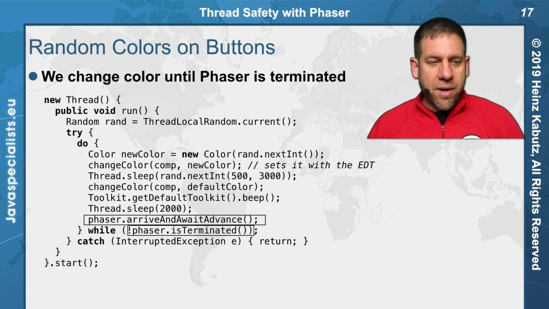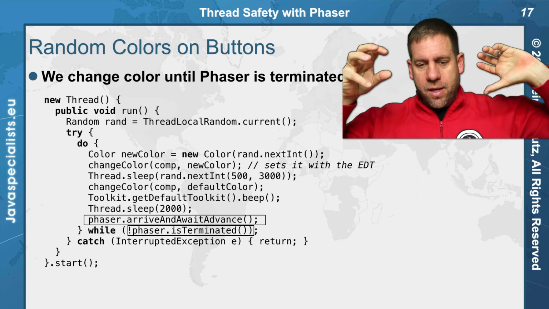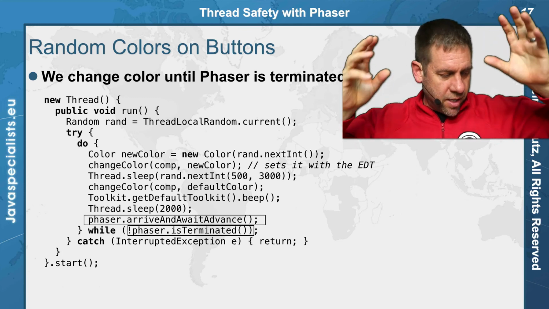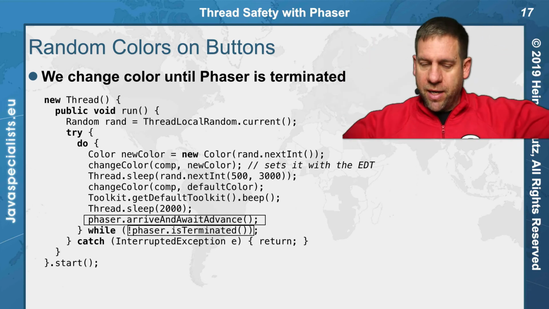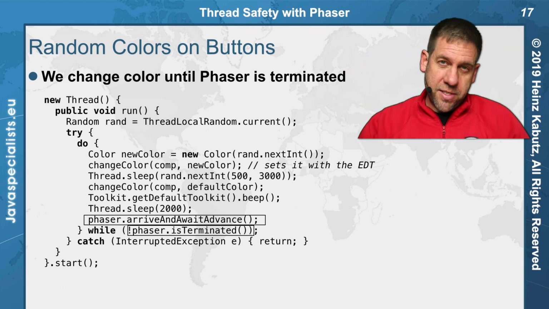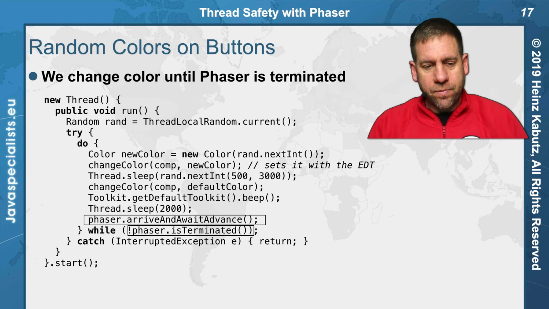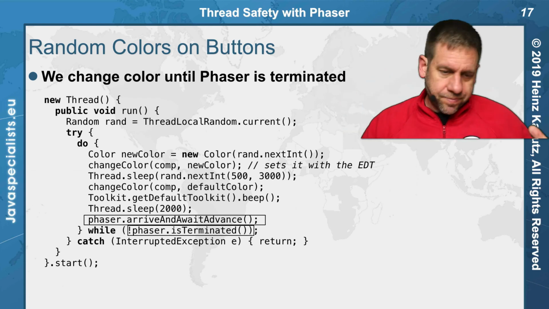So I wrote this demo, and what the demo does is it shows a bunch of Swing buttons. It shows 20 buttons in my demo. And the buttons all change color to some random color. And then they sleep for between half a second and 3 seconds. And then we make a beep.